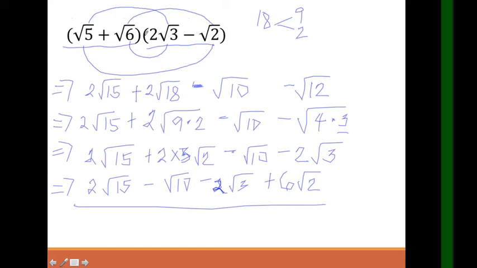Okay? Next, we have this one. So pareho sila, no? Na square root of 7 plus 3. So since pareho, madali lang naman ito, again gawin natin yung ginawa natin kanina na parang FOIL method. Ayan.